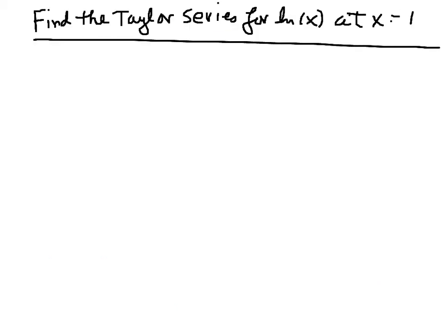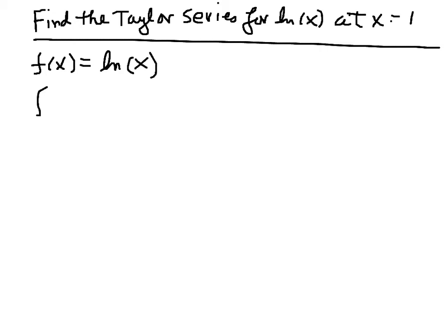So here's a more interesting and a little bit more challenging one. We want to work now for f of x equals ln of x, and we're going to center this at x equals 1 for obvious reasons. So here's f of x.